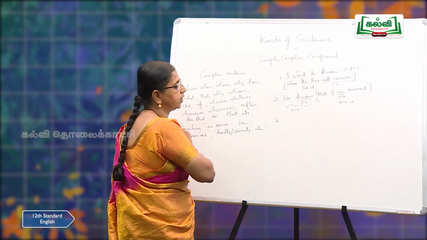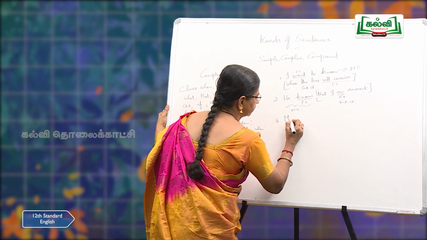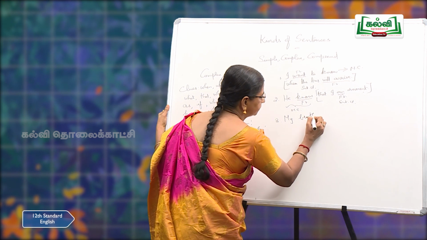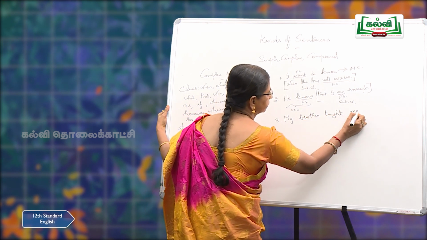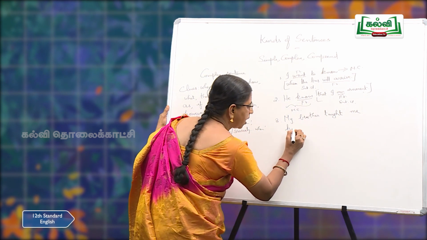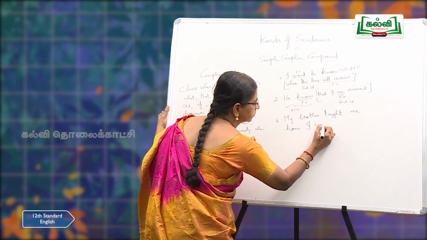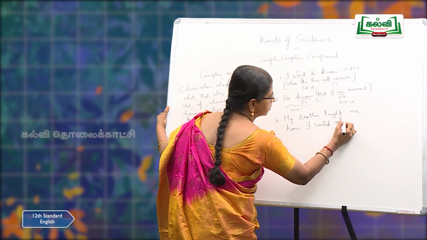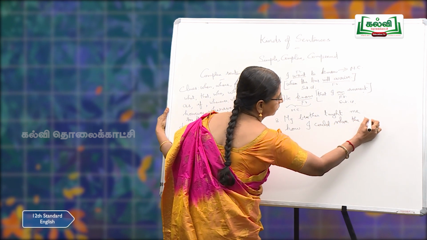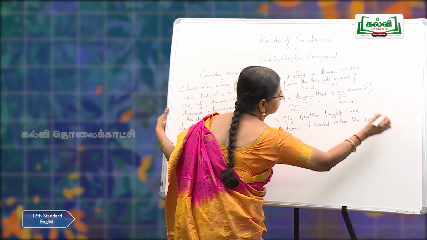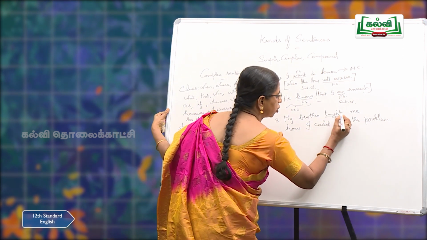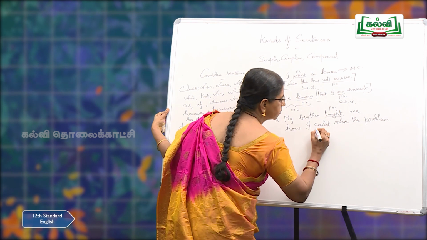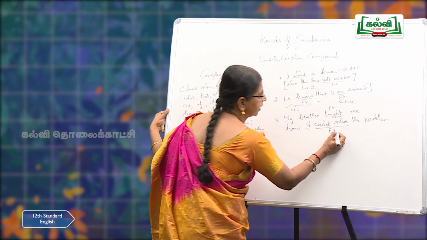Now consider this word how. My brother taught me how I could solve the problem. So follow the tips. Look at the finite verbs. Taught is one finite verb, could solve is another finite verb.